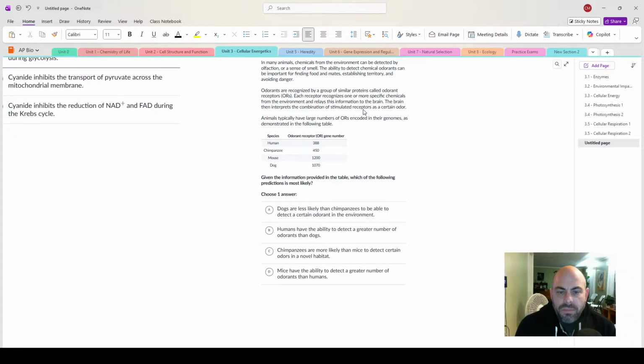The brain then interprets the combination of stimulated receptors as a certain odor. Animals typically have a large number of ORs encoded in their genomes, as demonstrated in the following table. And there's some stuff. Given the information, mice can smell that much? Really? Given the information provided by the table, which of the following predictions is most likely?